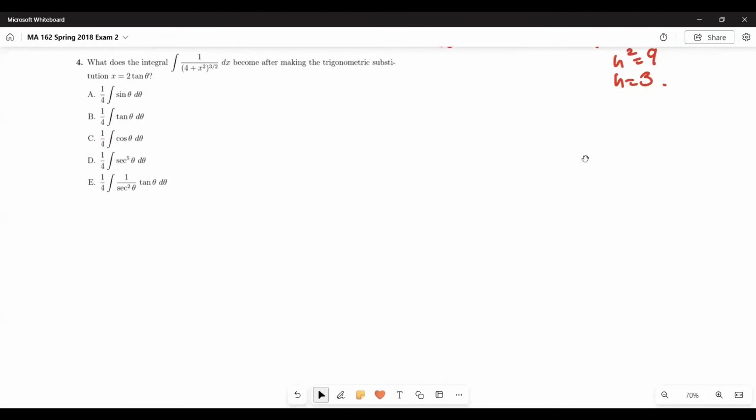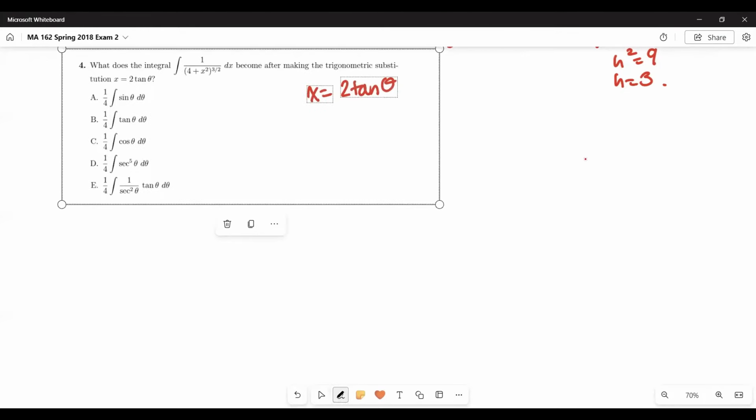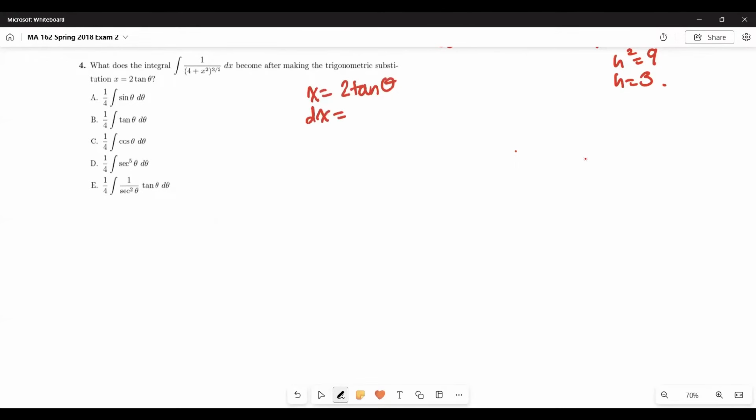Okay, so this question asks what does the integral of 1 over (4 plus x squared) to the 3 over 2 dx become after making the trigonometric substitution x equals 2 tangent theta. Okay, so it's given x is equal to 2 tangent theta. And let's find dx. dx is equal to 2 secant squared theta d theta.